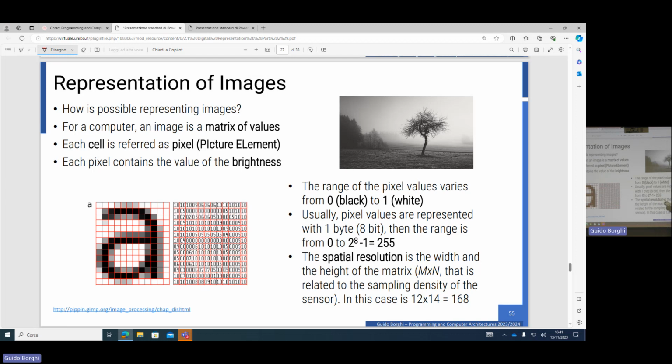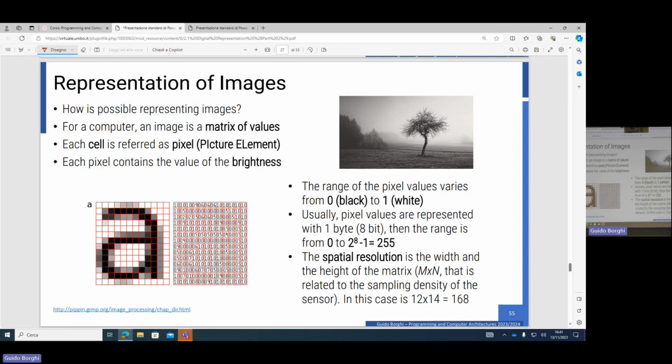So the maximum value that we can have is 2 to the 8 minus 1, 255. So traditionally in images, in computers, in each pixel we have values that start from 0 and go to 255.